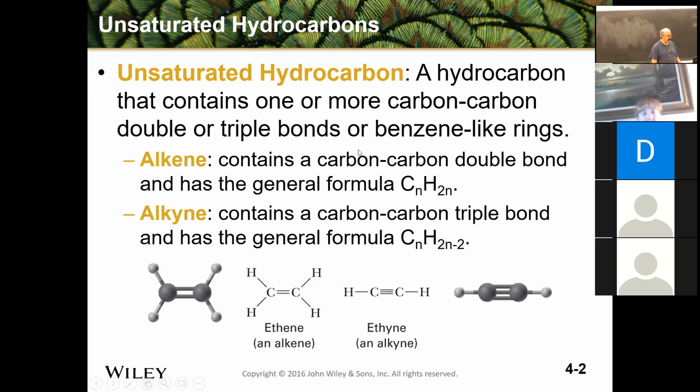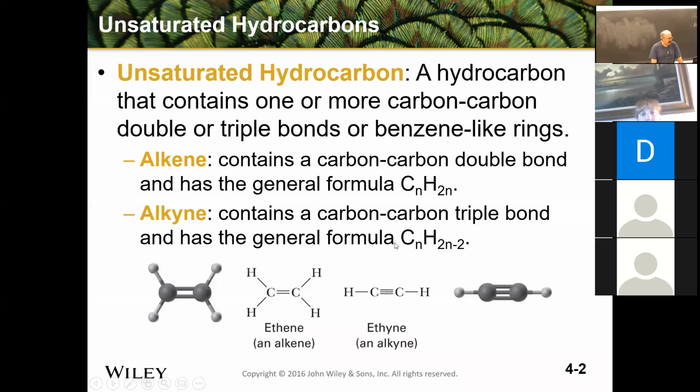Alkenes will contain a carbon-carbon double bond, and they'll have the general formula CnH2n. Remember, alkanes were CnH2n plus 2. So each time we form a double bond, we lose 2 hydrogens. When we form a triple bond, we'll lose 4 hydrogens.